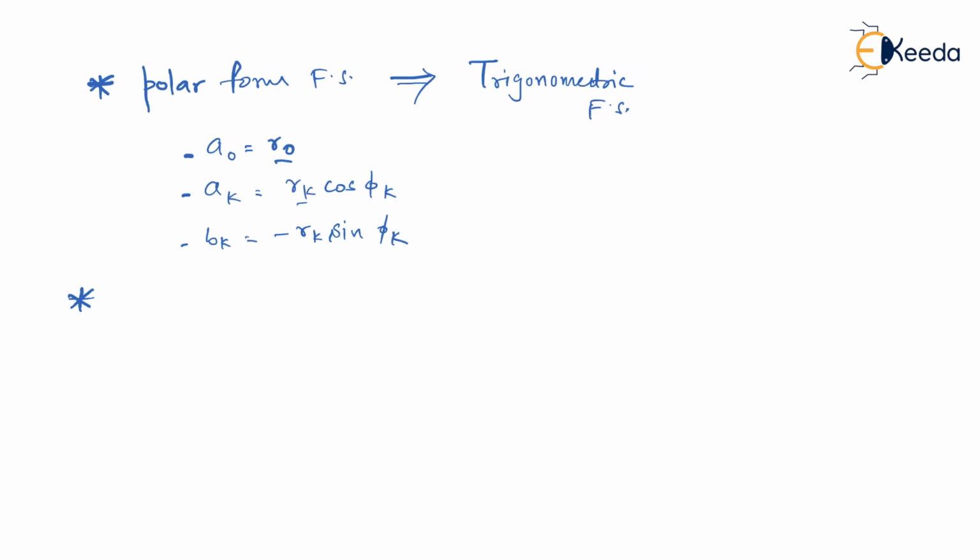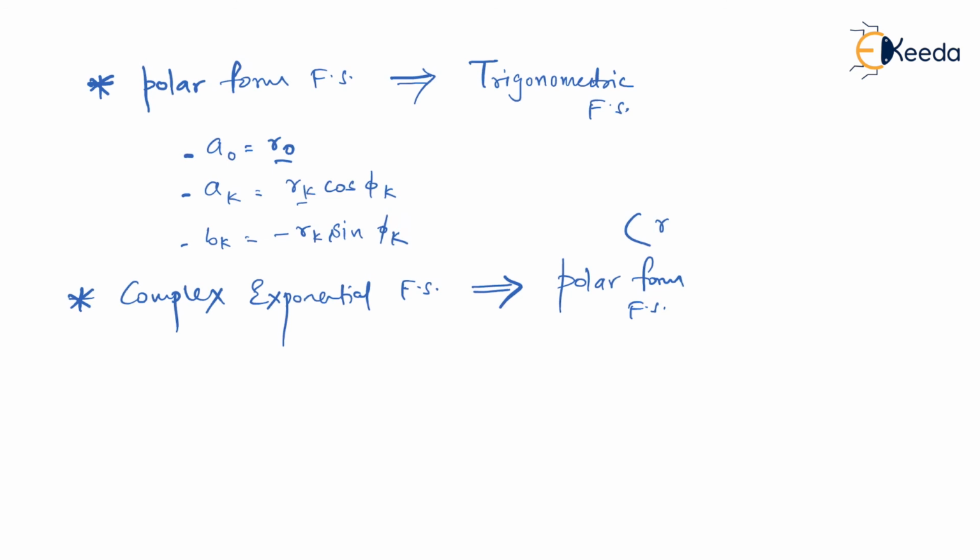Also we have seen how we convert a complex exponential Fourier series to a polar form Fourier series. So we know that in the polar form Fourier series, we have two coefficients, R naught and Rk. And what type of coefficients do we have in the complex exponential Fourier series?